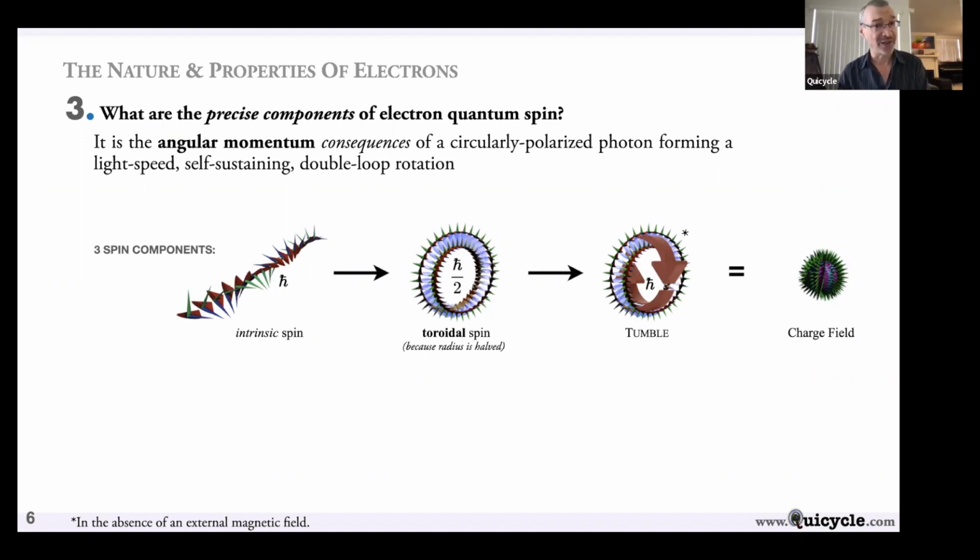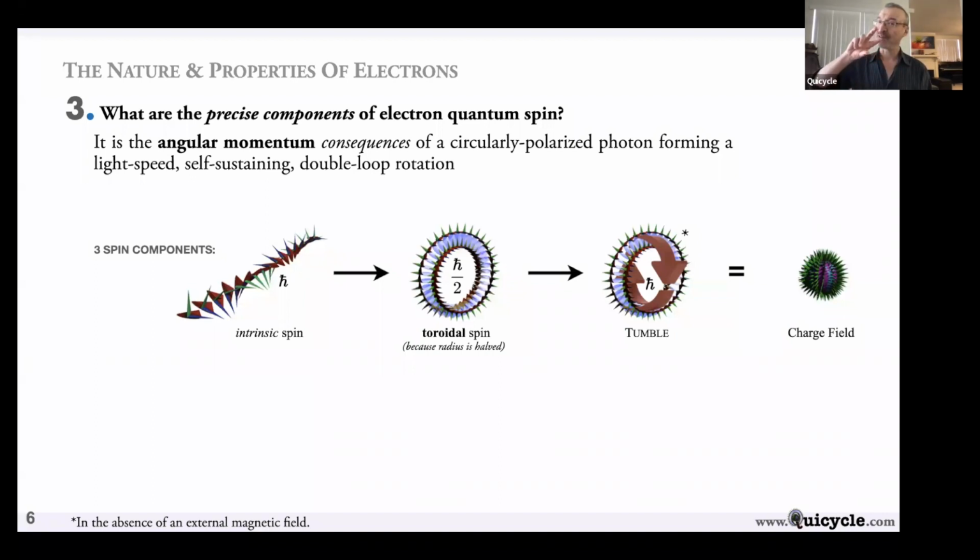They're very logical if you think about it. The first one is the intrinsic spin of the photon around its axis of travel, and that'll have a spin of h bar. It'll complete 360 degrees of rotation for every wavelength. When we form a double loop rotation out of that photon, because it's now doing 720 degrees for every wavelength, that is the cause of its half integral spin of h bar over 2.